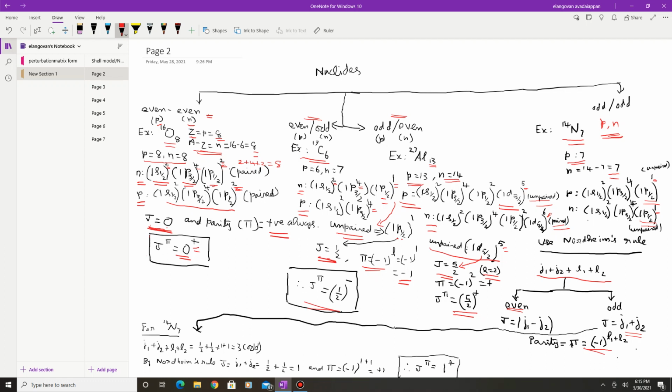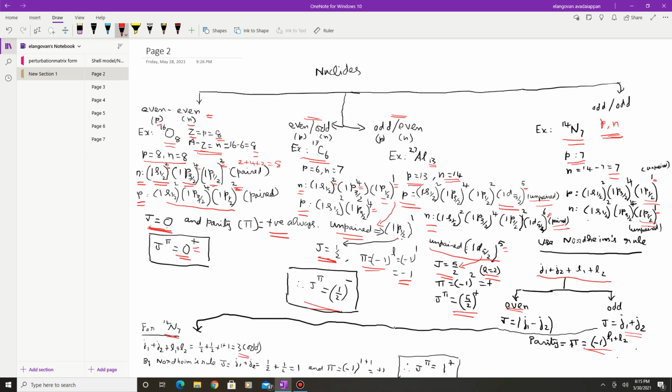So for example, for this problem, nitrogen-14, J1 plus J2 plus L1 plus L2 is equal to what? J1 is equal to half, J2 is equal to half, and since they both are p states, L1 is equal to 1, L2 is equal to 1. Therefore, the total value is equal to 3. So this is an odd number.